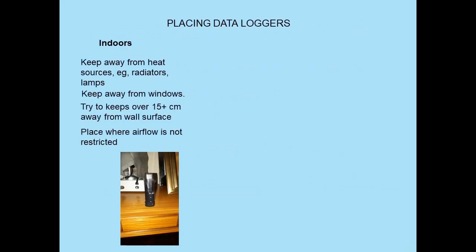So how do we place the data loggers? Well, very easy. Indoors, keep them away from heat sources such as radiators and lamps and fires. Keep them away from windows and try to keep them over 15 centimeters away from a wall surface. And place them where the airflow is not restricted.